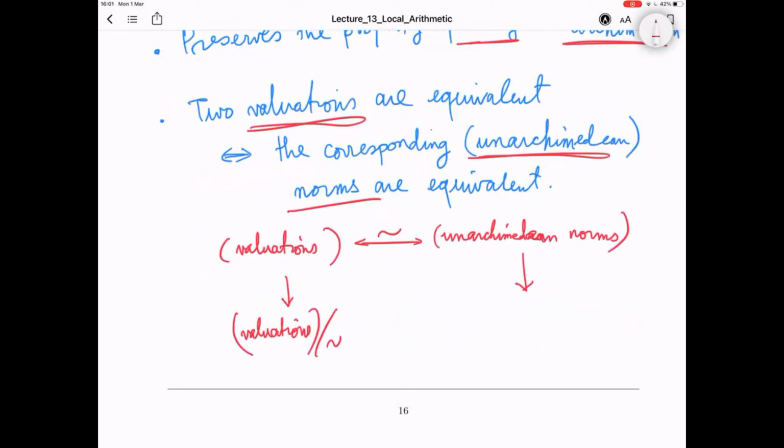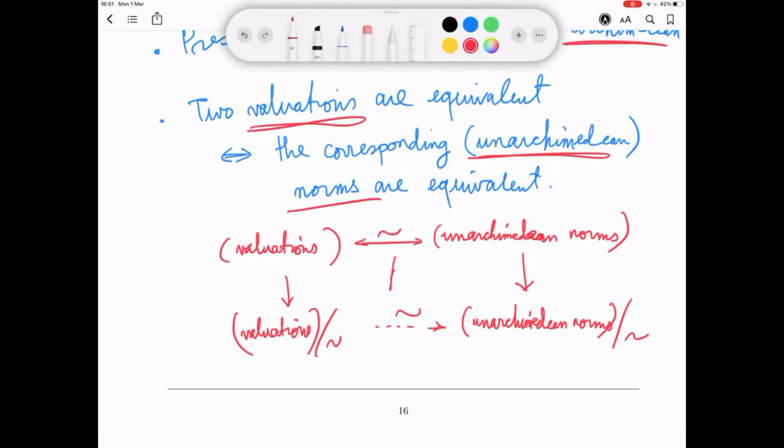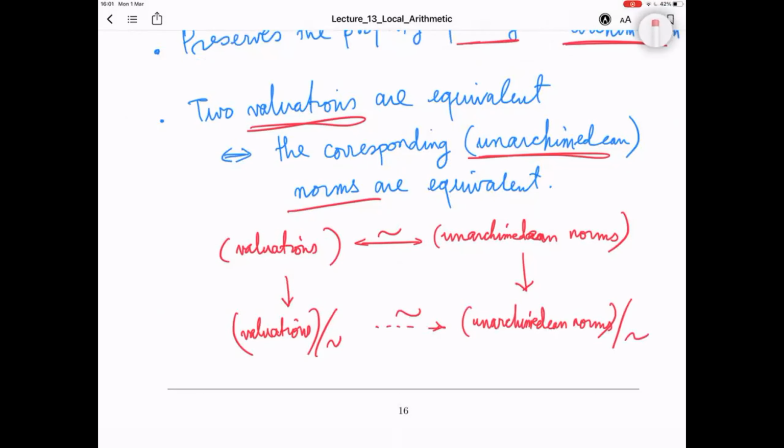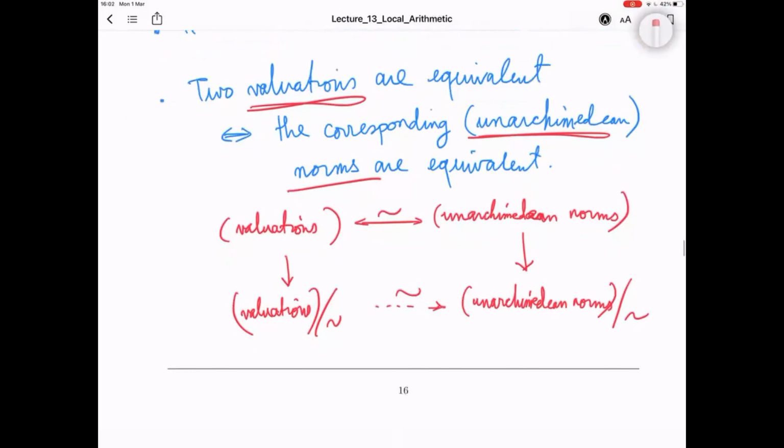You have a notion of equivalence here as well, so you can pass to the equivalence classes here as well. And what this is saying is that this bijection gives rise to a bijection here.